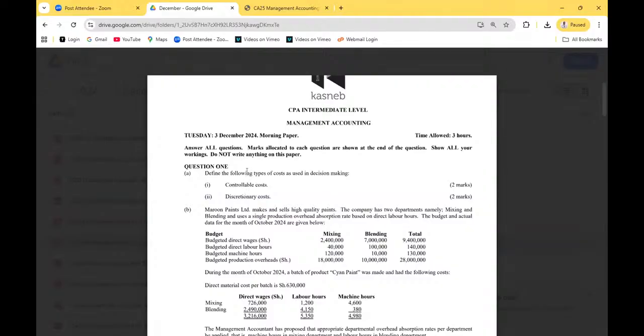We are all able to see how it is actually happening. The controllable costs are expenses that can be influenced or regulated by a manager within a specified period. Example, direct labor or raw material costs in a manufacturing setup. Then discretionary costs are expenses that are determined by managerial judgment and decision making rather than being directly tied to a production level. For example, you have decided to build a road.